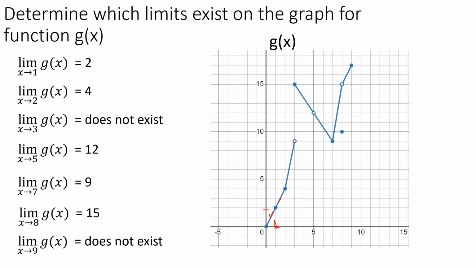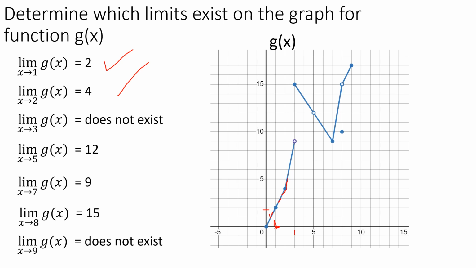It's a nice straight line. As x approaches 2, y equals 4. Yep, it's approaching. It's a little bent here, but it's approaching 4 from both ends. So that's a limit.